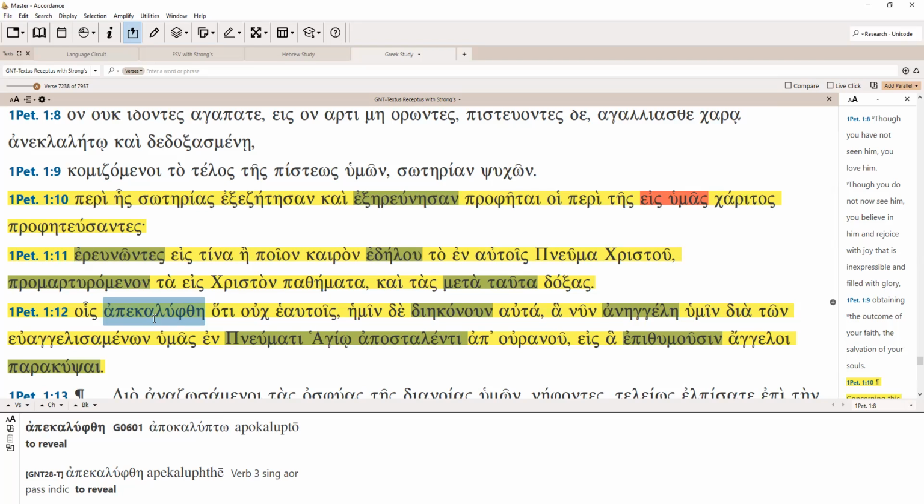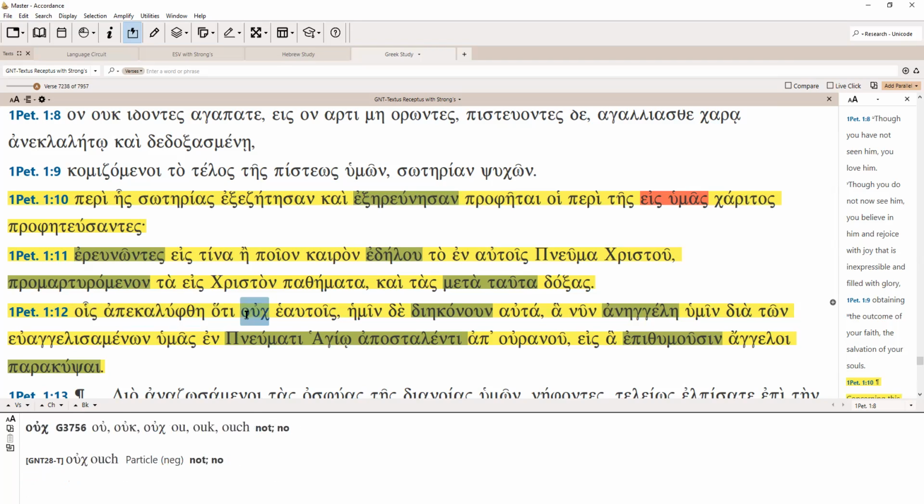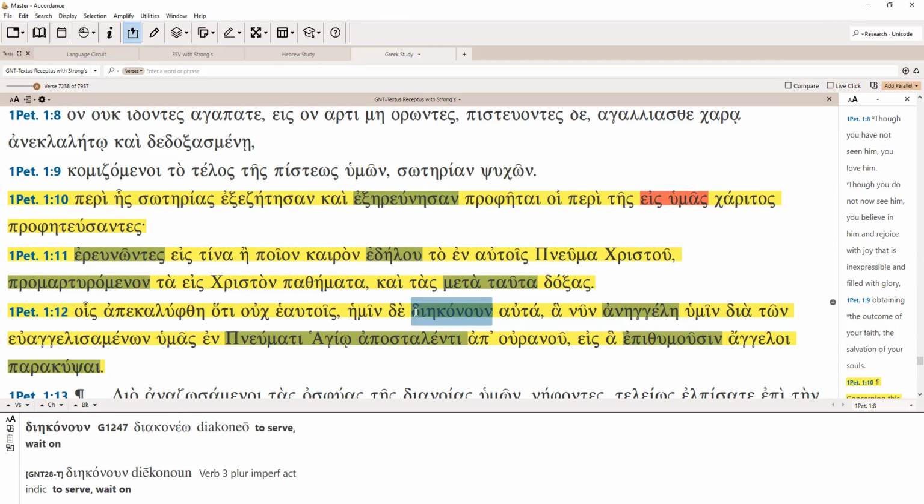So it was revealed, to whom it was revealed, hoti, that, ouch heautois, not to them, not to themselves, humin, but to you, humin de. So we have de, which we translate as but here. And then we have diekonoun, which is to serve. Diakoneo, here it is in the third person plural, imperfect, active.